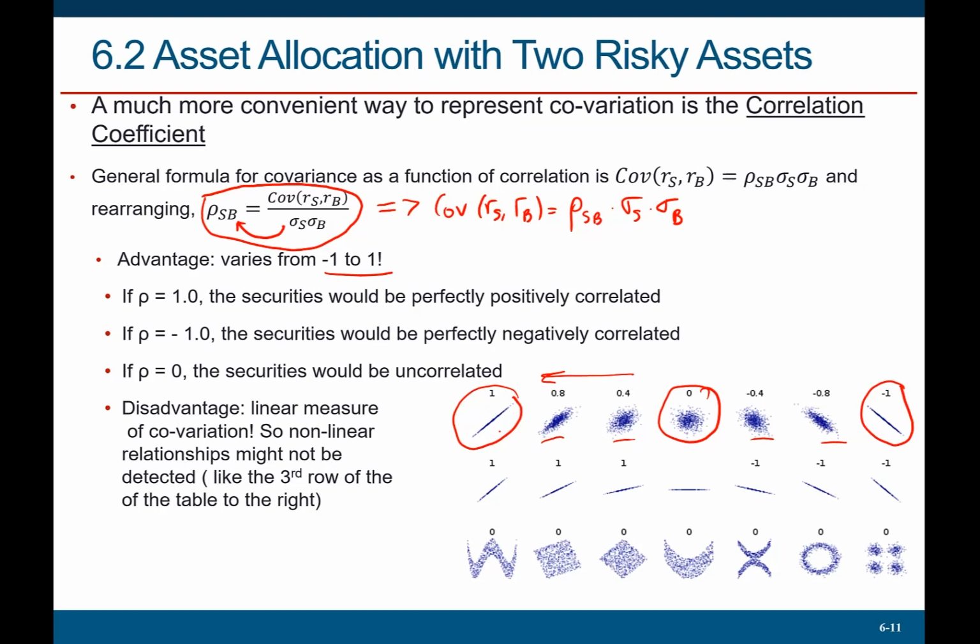All right. So what's the disadvantage of the correlation? Well, it's a linear measure. Meaning what? If you have nonlinear patterns, like for instance something like this, you can clearly see that there is a nonlinear pattern here. You can see that there's clearly a circle.